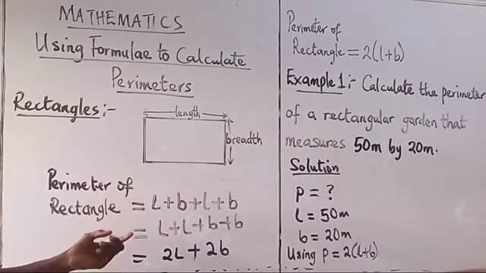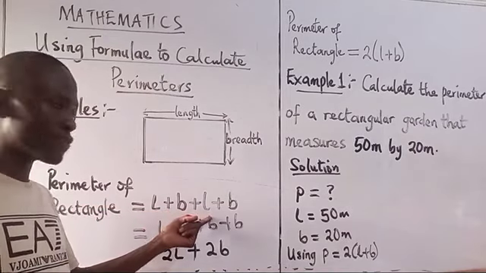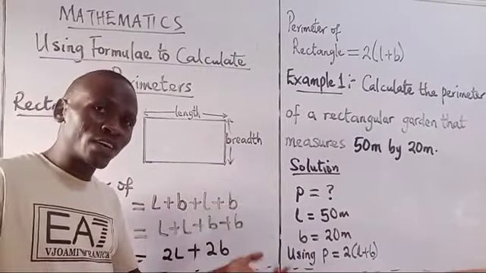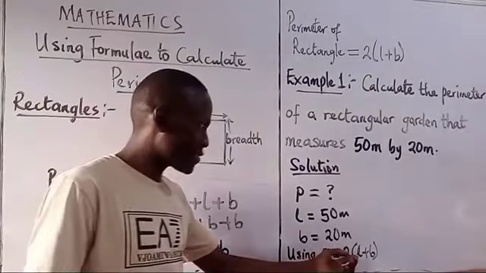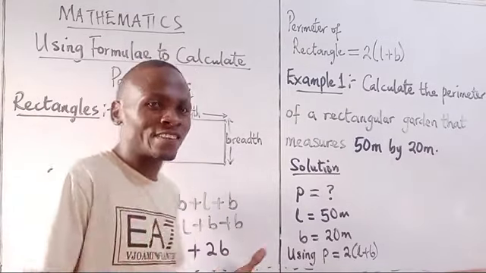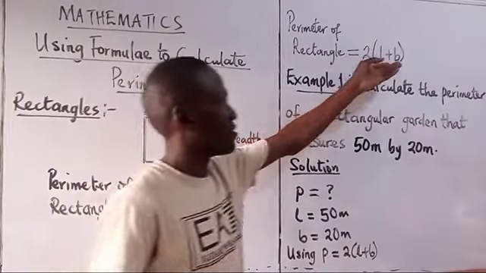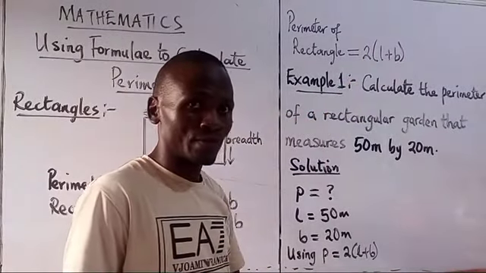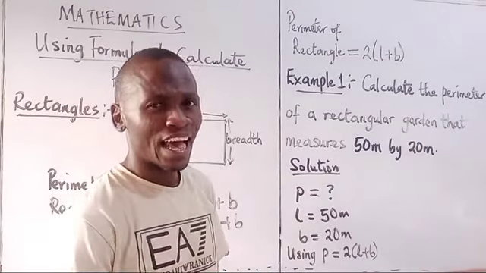So we are just going to write P is going to be equal to 50 plus 20 plus 50 plus 20. We are going to get the same thing. But I want to use this formula. It's my choice. You can decide to use this, or this one that I'm using now. So it doesn't matter. We are all going to arrive at the same answer.